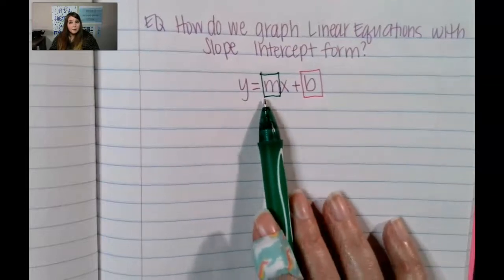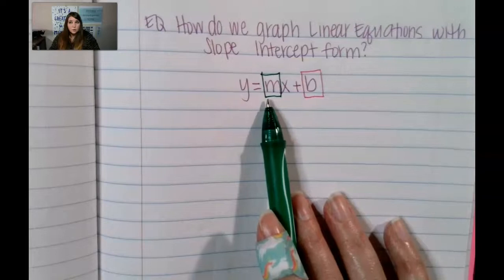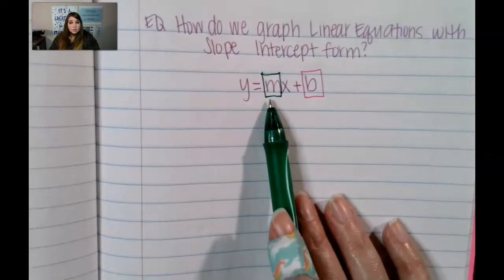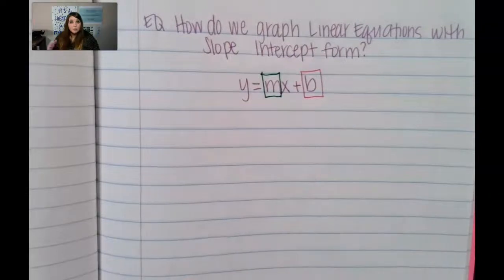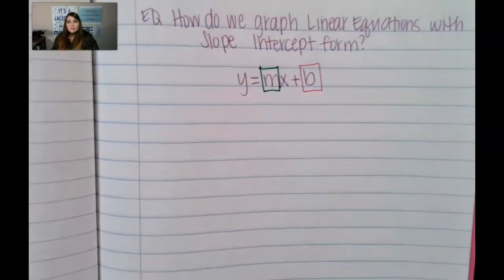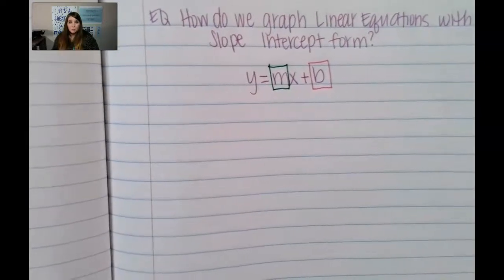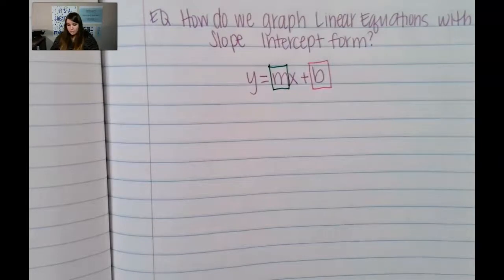Instead, they're giving you the other two parts of this equation. They're giving you just the slope and just the y-intercept. And you are going to be able to create a graph, a line, so that you can find x and find y. Okay, so our first thing that we are going to look at is a problem.